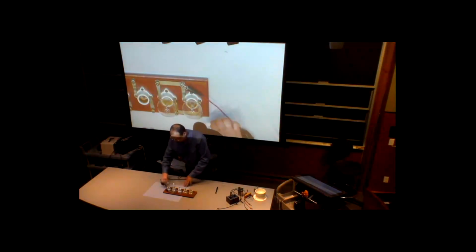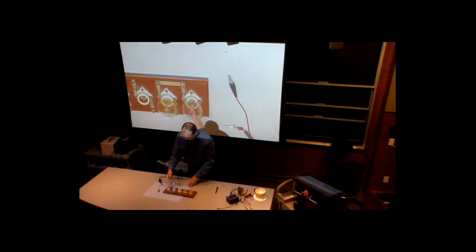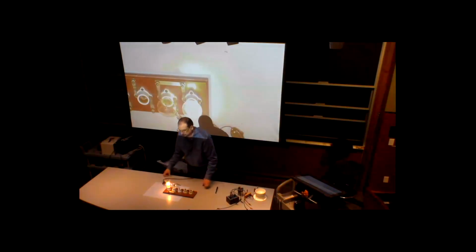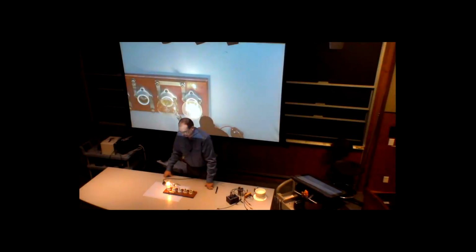Now, I want to rewire the circuit. I want to connect the same bulbs in series. What do you think should happen? In series means like this. And I need to connect my leads like this now. Plug it in. Completely opposite.